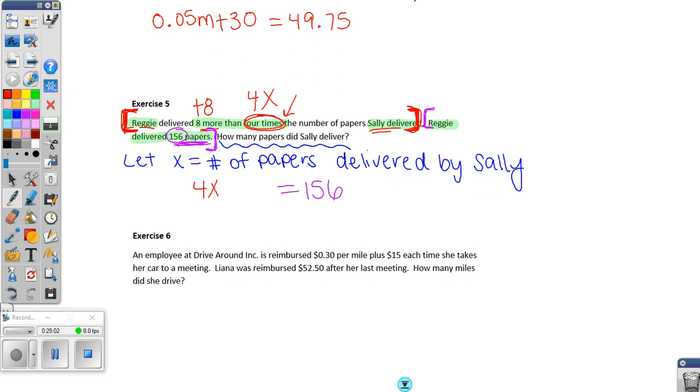He went above and beyond, because it says Reggie delivered 8 more than 4 times the number of papers. So 8 more means we added 8 to our product. Our final equation is 4 times x plus 8, which is equal to 156. Solve the equation and then write a complete sentence to finish that thought. I will move on to exercise 6.